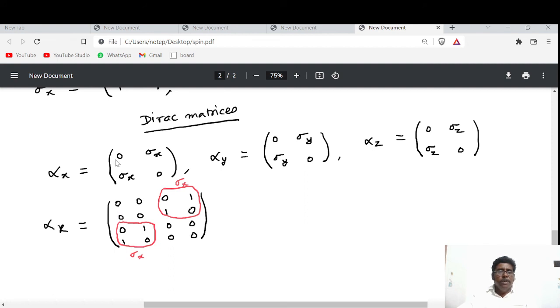These 4 elements are treated as 0. These 4 elements are treated as 0. So alpha x, which is 4 by 4 in dimension, is reduced into 2 by 2 blocks. Here sigma x is called the Pauli spin matrix. Alpha x is called Dirac's matrix. In this way, we can express the values of alpha y and alpha z also. That's all about the concept of spin.